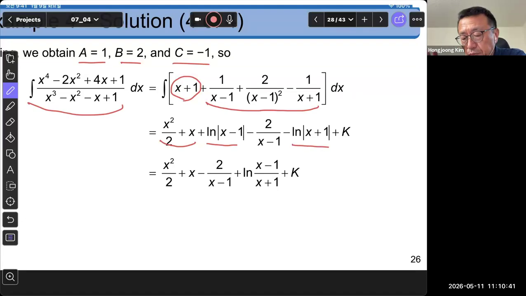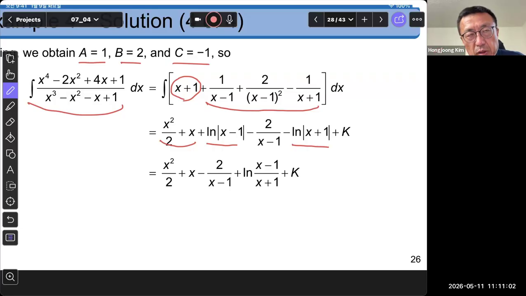So the second case is quite simple. I just need to integrate a polynomial, which is quite simple, and then I need to integrate the linear factors.